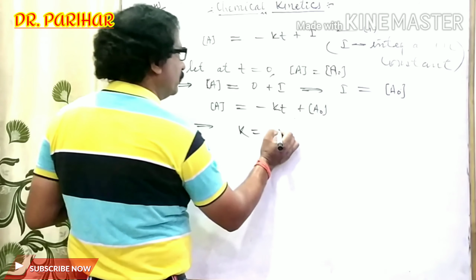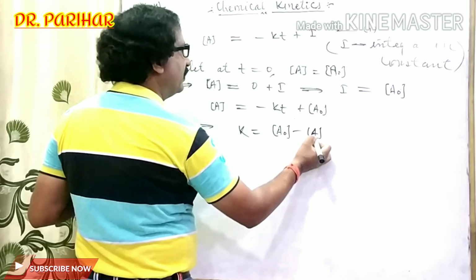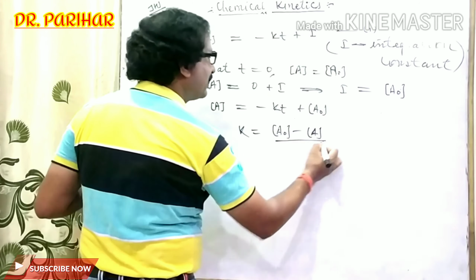K is equal to initial concentration minus remaining concentration upon T. This is the kinetic equation used for zero order reaction.